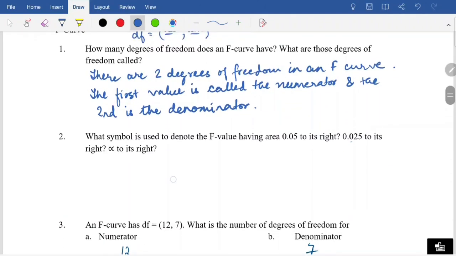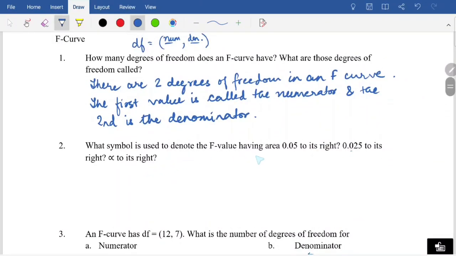Number 2, what symbol is used to denote the F value having area 0.05 to its right, 0.025 to its right, and alpha to its right? Essentially they're asking the notation to represent the F value whose area to the right is 0.05. So we write it as F, and as a subscript we write 0.05, F sub 0.05.